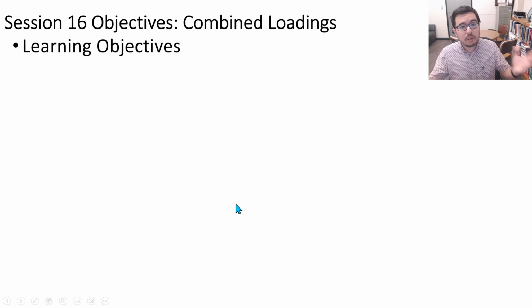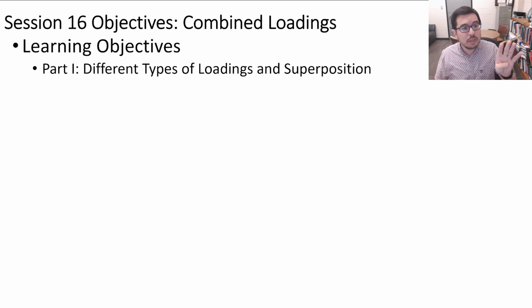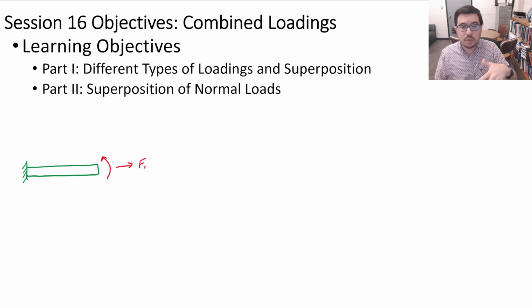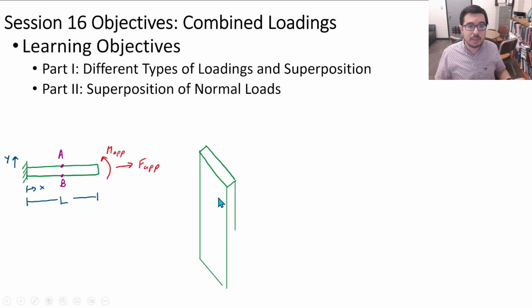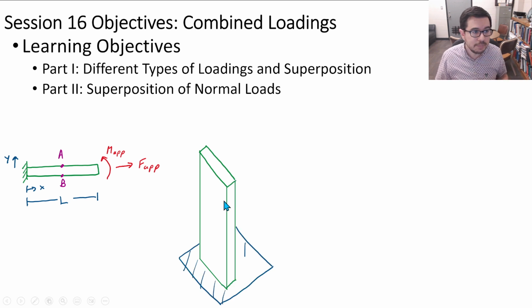And just to conclude this session, we had 4 parts. One was discussing the different types of loadings and basically what superposition is. The next was superposition of normal loads, and we did some examples and there was a problem.